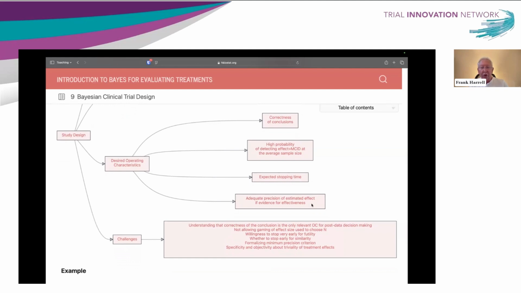And so what you're going to see in the design that I'm going to suggest to you, this design simultaneously solves a number of problems. The design is going to say that you're willing to not care to estimate the effectiveness of a treatment that's not effective.